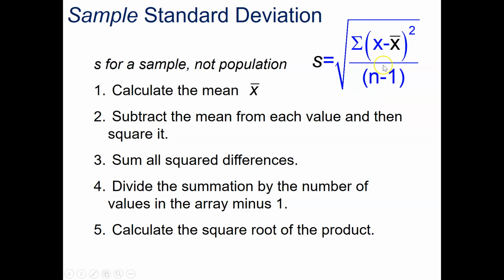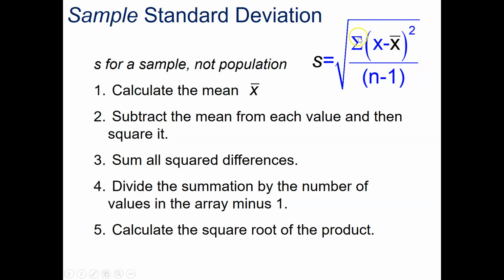Okay, so we've got a lot of different variables here. The formula looks kind of ugly. We need to figure out what exactly it is that we're trying to do here. So the x bar is the mean of the data set. Hopefully you can find that, the average of the data set. So the process of finding standard deviation is to take every single value in your data set and subtract the mean from it, and then square that number, and then add all of those up.